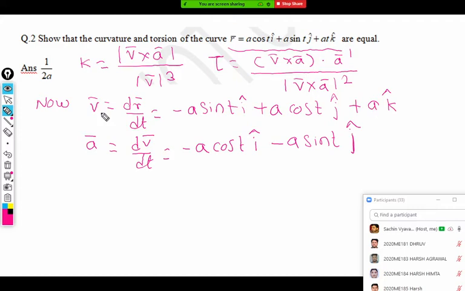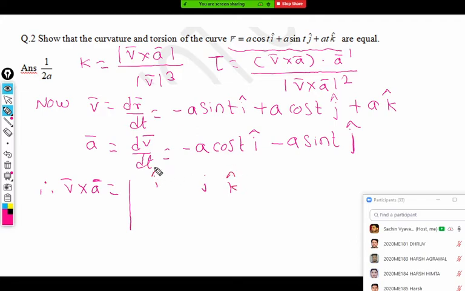Now we have the V bar and A bar vectors. We require V cross A also, and the magnitude of V also. We'll do it one by one. First we want just V cross A. V cross A is the determinant, with the first row i, j, k.